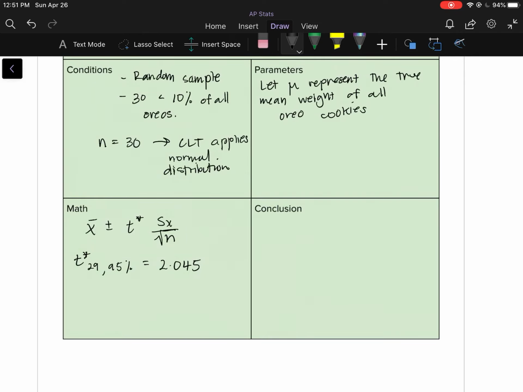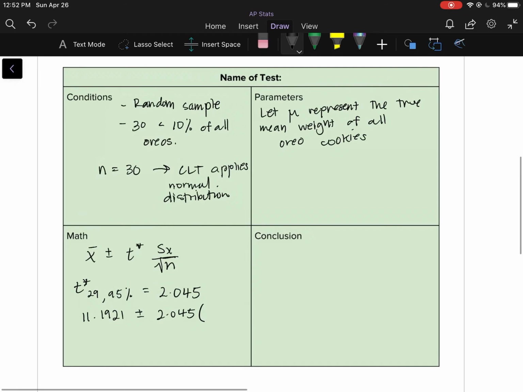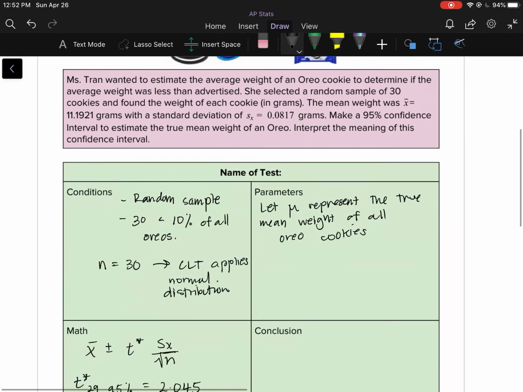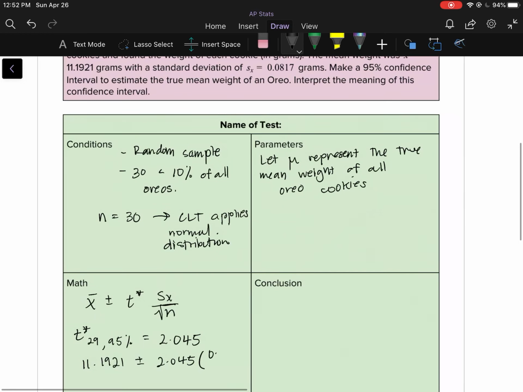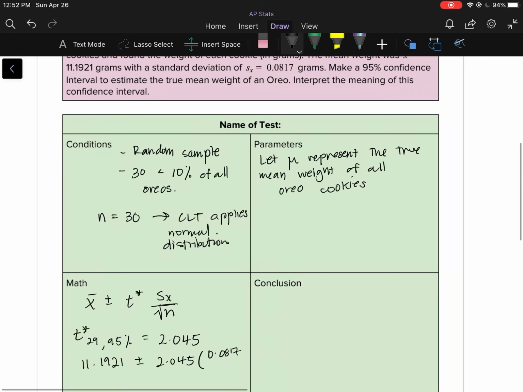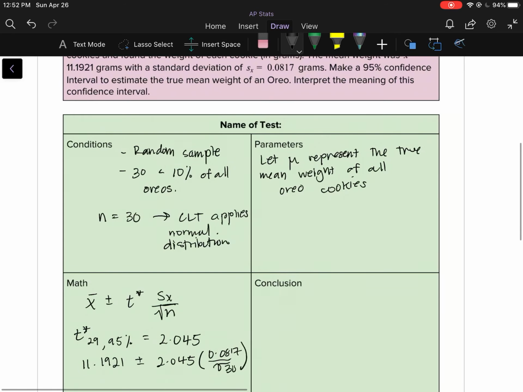So we get X bar. We're going to plug this all in. X bar is 11.1921 plus or minus 2.045 times 0.0817 over the square root of 30.